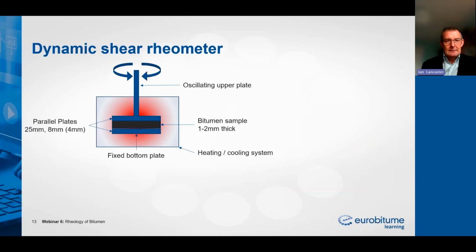So how do we test our rheological behavior? Well, most commonly, we use an instrument called a dynamic shear rheometer, and there are various different models of the dynamic shear rheometer on the market, but they are characterized by having pretty similar components.